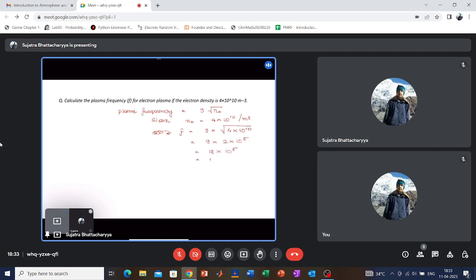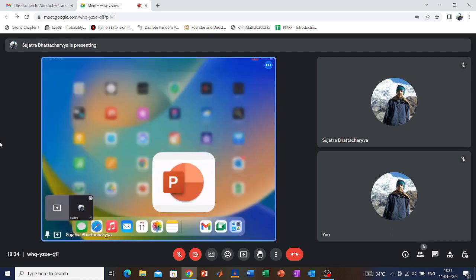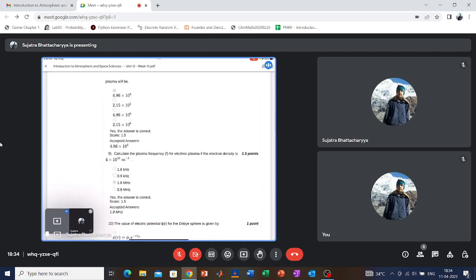So it's 1.8 into 10 to the power 6, or it is 1.8 megahertz. So this is the answer, 1.8 megahertz. If you see and confirm it, 1.8 megahertz is the correct option.